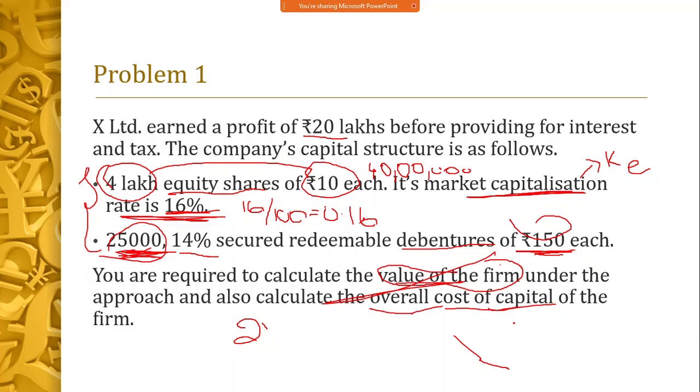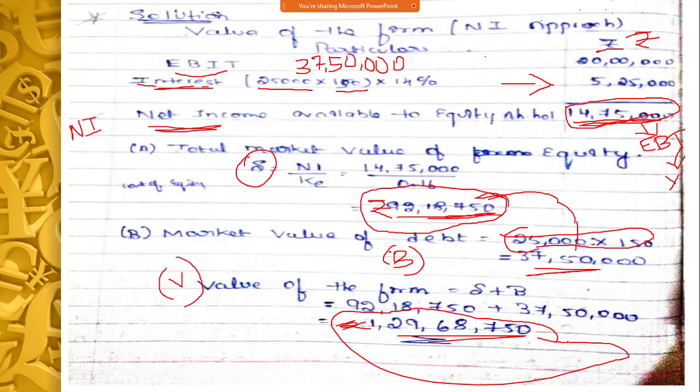Now, this overall cost of capital is represented by K naught. Kd represents the cost of debt, and Ke represents the cost of equity. The overall cost of capital includes the cost of debt also, and the cost of equity also, which is represented by K naught.